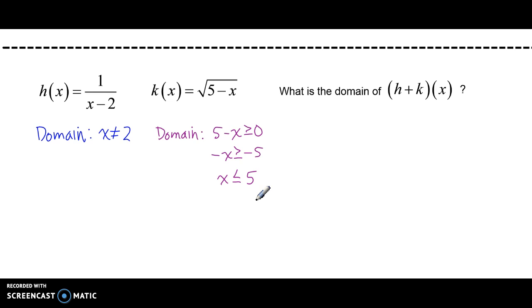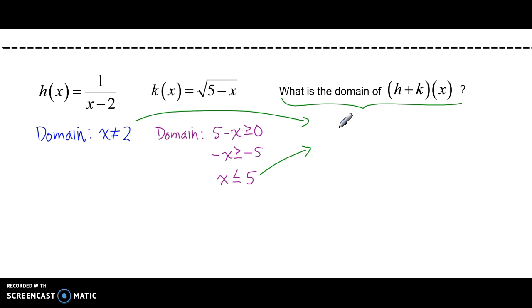So the domain of h, x not equal to 2, the domain of k, x less than or equal to 5, the question we're supposed to figure out here is what's the domain when you combine them? And the good news is you don't actually have to write out what the combination is and figure it out fresh. You really just have to combine these two domains.